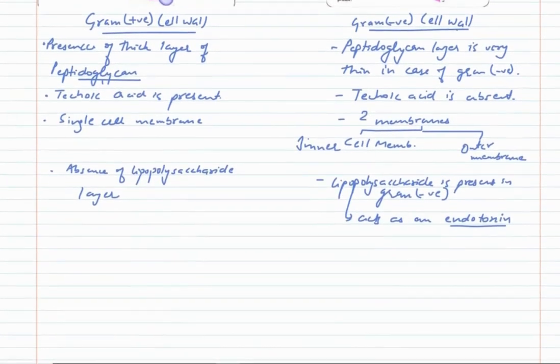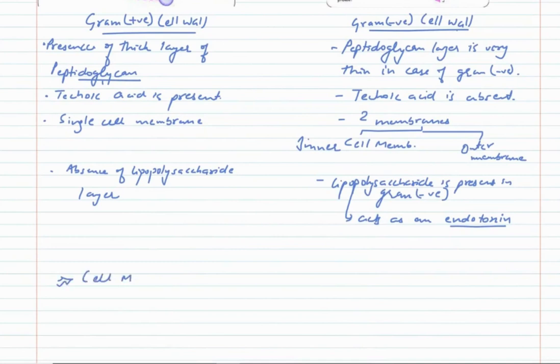So now after the cell wall we have the cell membrane. The cell membrane is similar to eukaryotes. Therefore, the structure of the cell membrane we will discuss in detail when we discuss the cell membrane in eukaryotes.